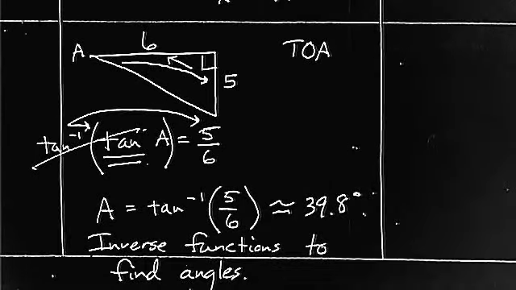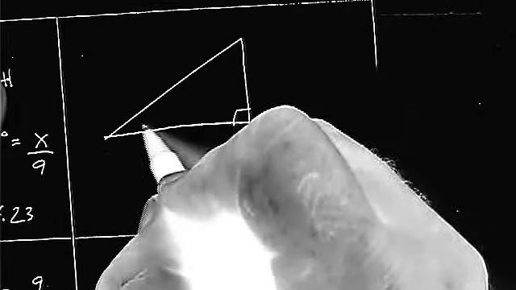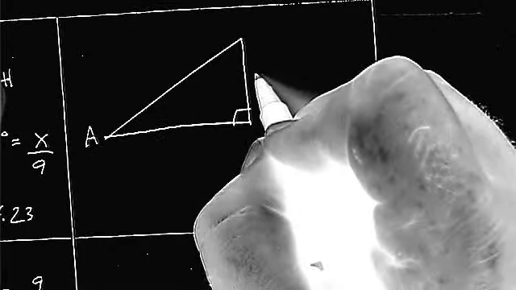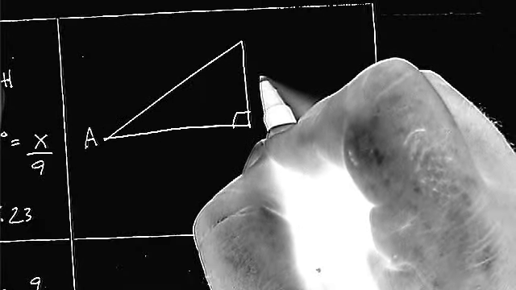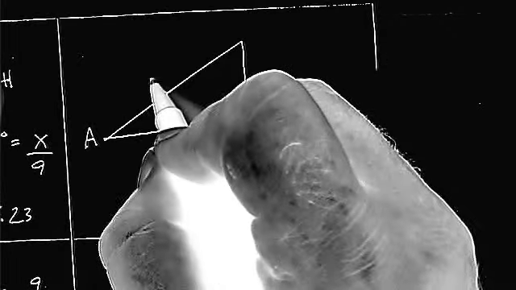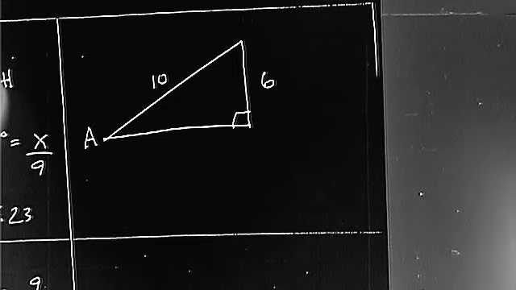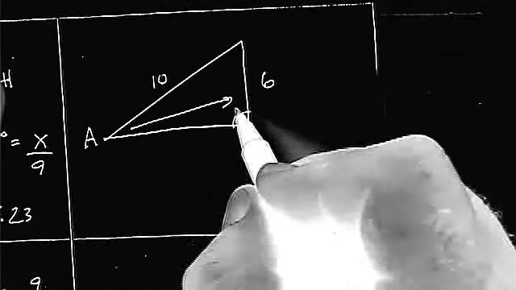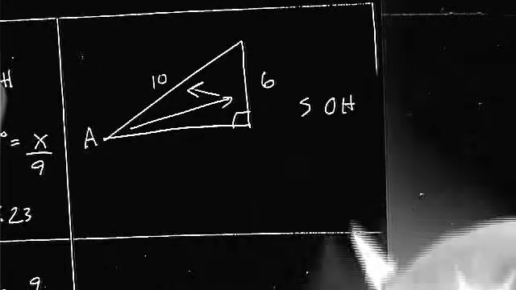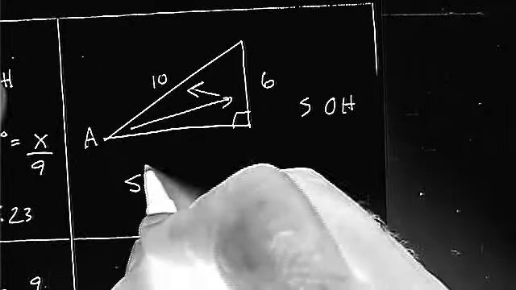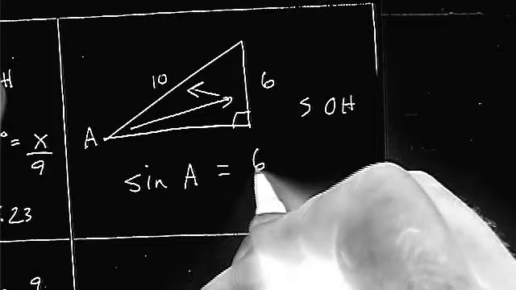And it doesn't matter which function we've decided we're dealing with. So we're trying to find angle A, and we have 6, and we have 10. We have opposite and hypotenuse. Opposite over hypotenuse is sine, so that would be sine of angle A equals 6 over 10.